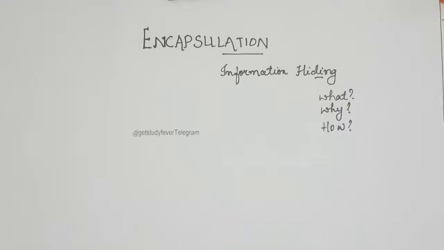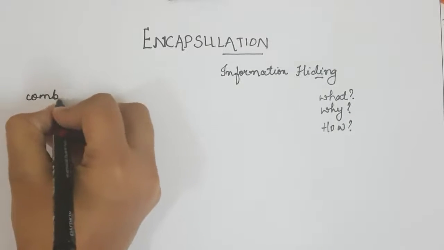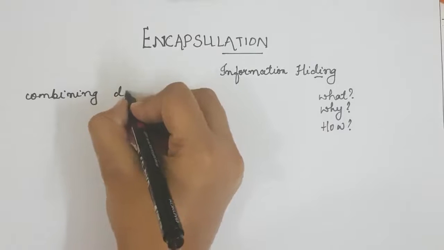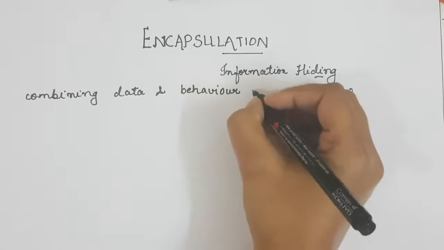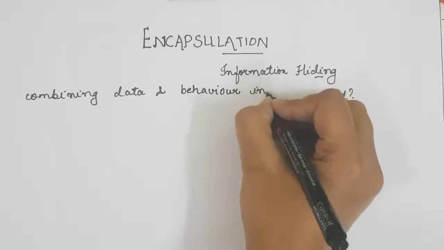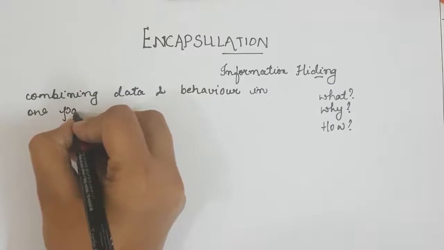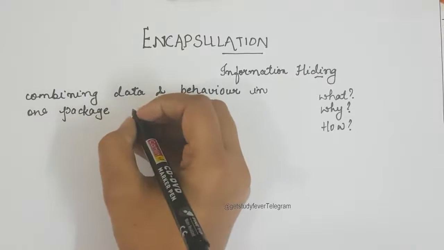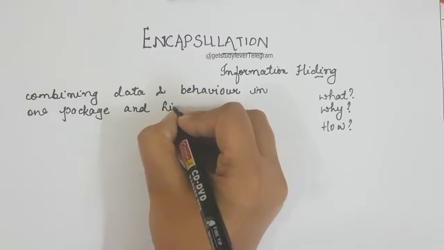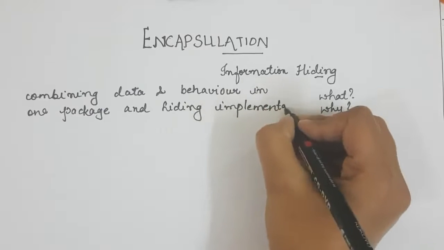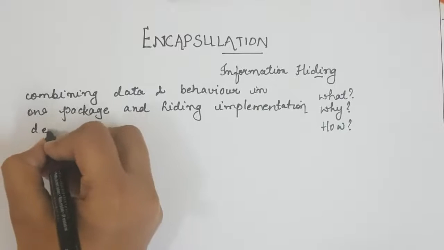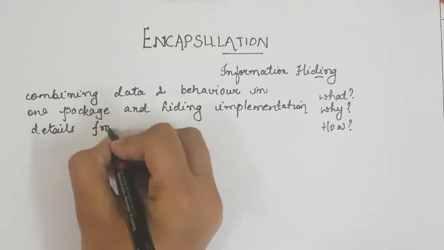If you are asked to define encapsulation, we can define it as: encapsulation is simply combining data and behavior together in one package and hiding implementation details from the user of the object.